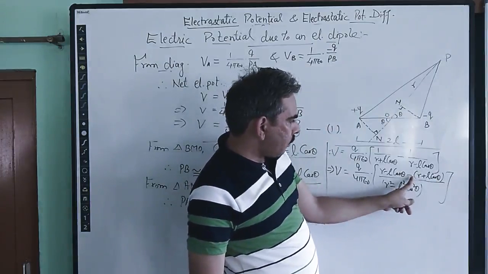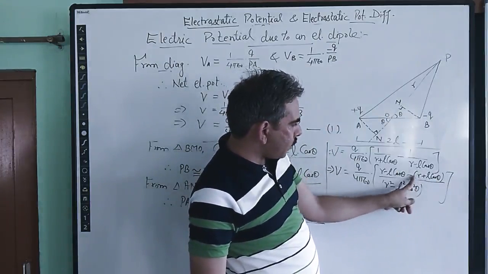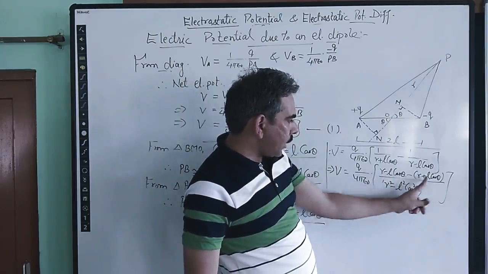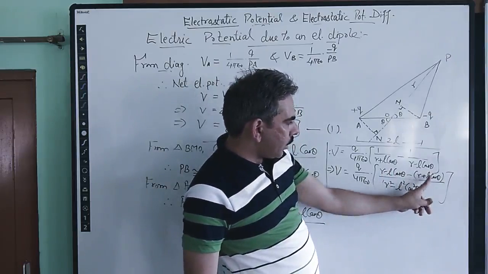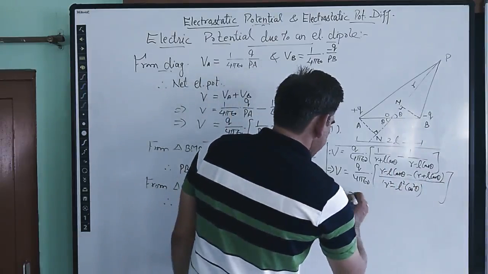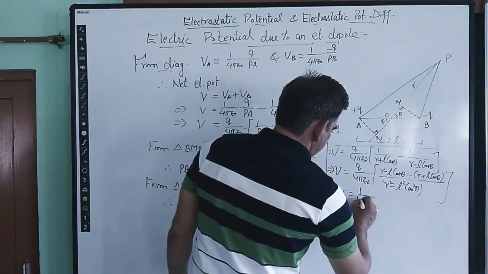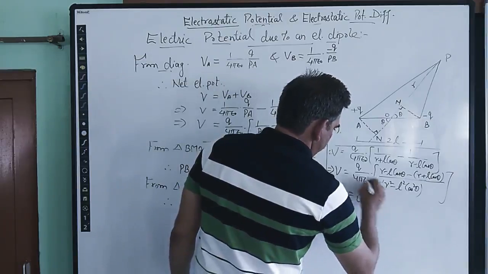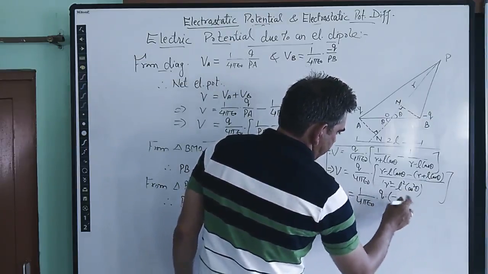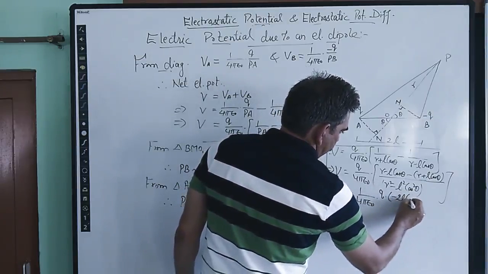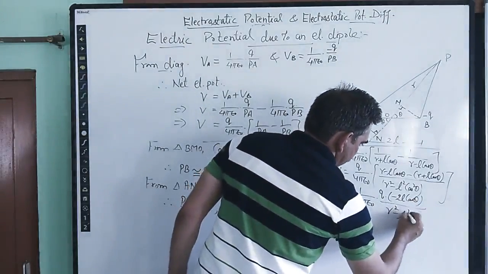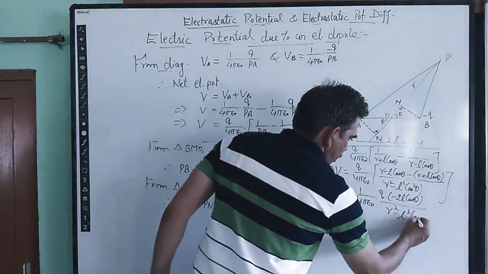Whenever the minus sign is operated, it becomes minus R minus L cos theta. So minus R cancels out with R, and minus L cos theta and minus L cos theta means V is equal to 1 upon 4 pi epsilon naught into Q into minus 2L cos theta upon R square minus L square cos square theta.